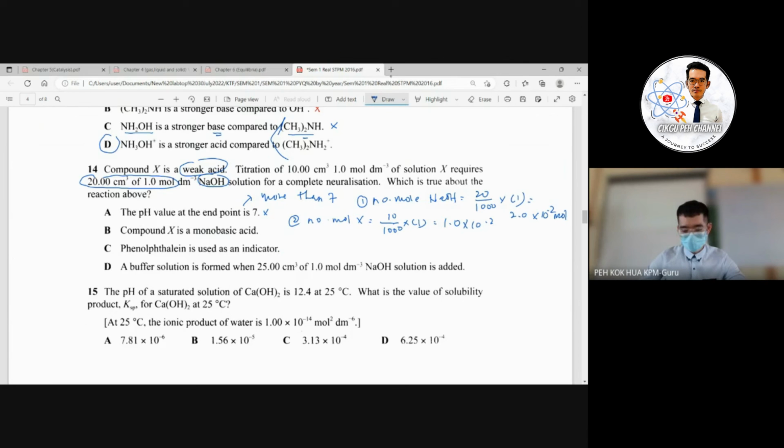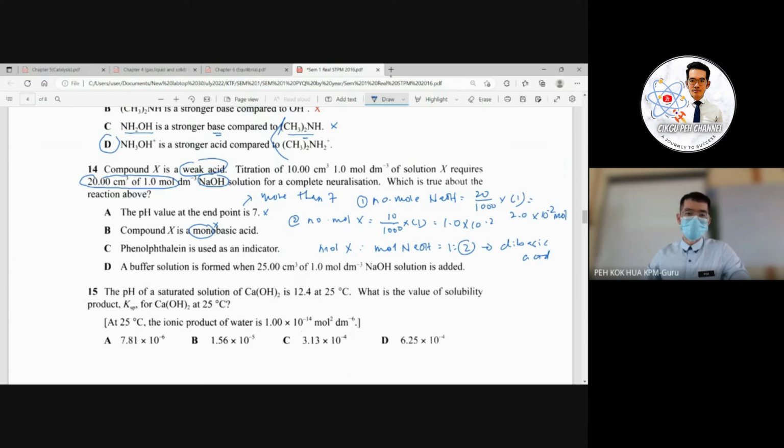If we take the ratio of mole X to mole NaOH, we get 1 to 2. So that means X will be a dibasic acid, not mono. So this one is wrong. So we need to compare the number of moles between X and NaOH.